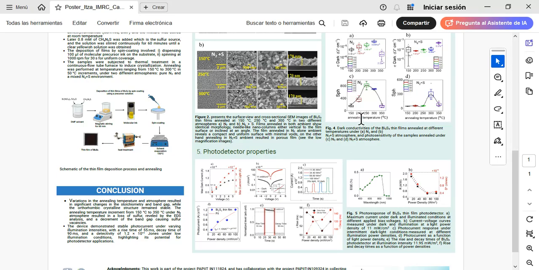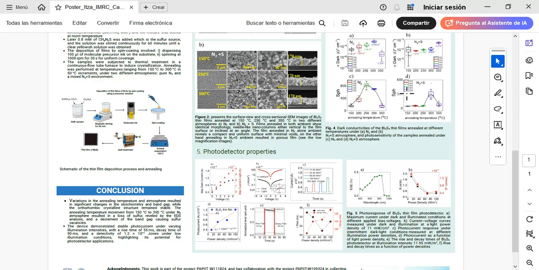The photosensitivity of the samples annealed at different temperatures in both nitrogen and nitrogen plus sulfur atmospheres was observed to differ in both cases with increase in the temperature.